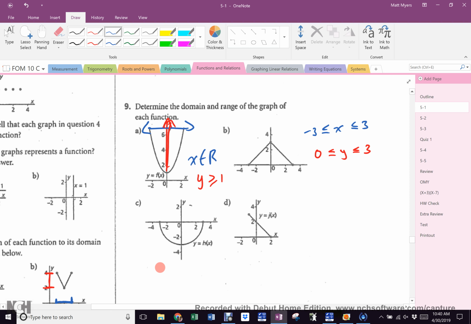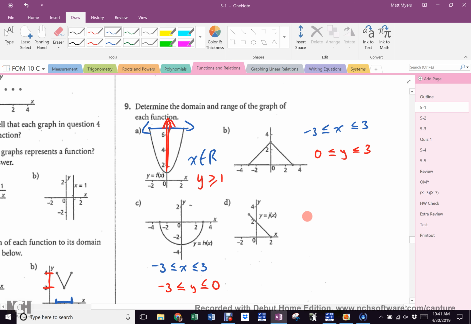What's my domain? -3, less than or equal to x, less than or equal to +3. And what's my range? -3, because the lowest one's first, less than or equal to y, less than or equal to 0. What's this one?